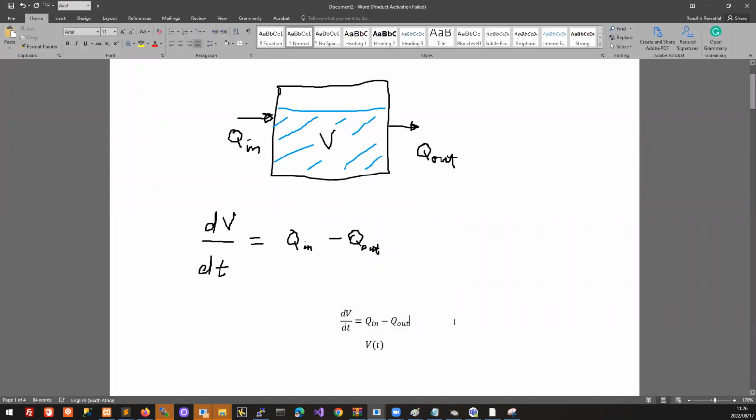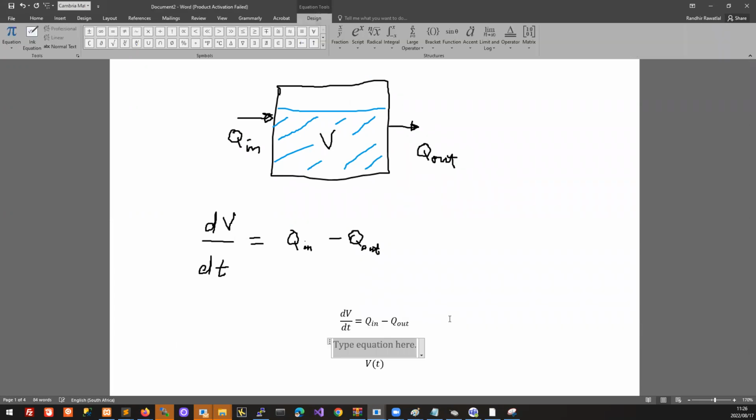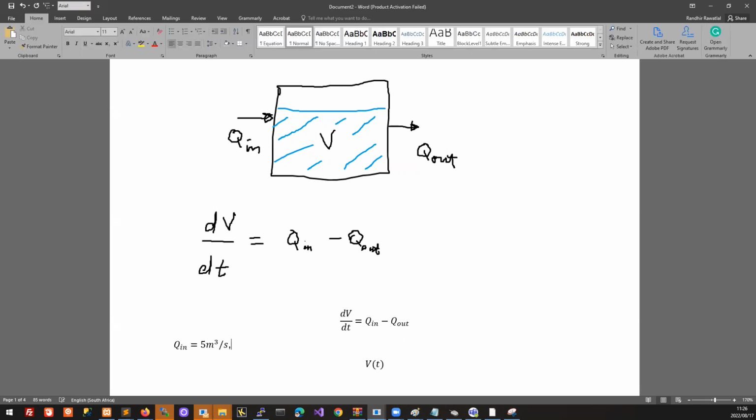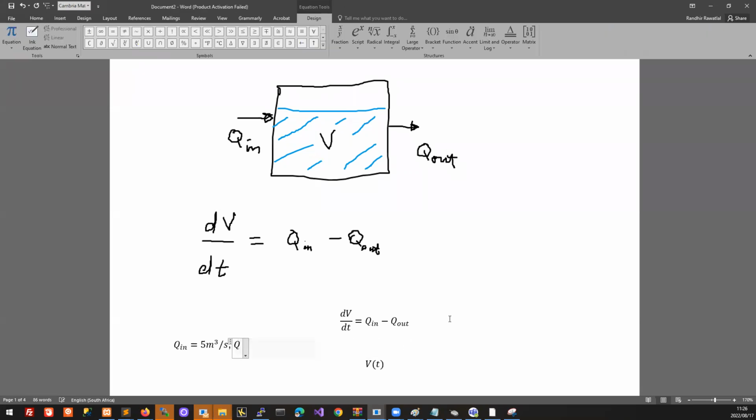Let's take a simple case where Q in equals 5, that's of course meters cubed per second, and Q out is 2 cubic meters per second.